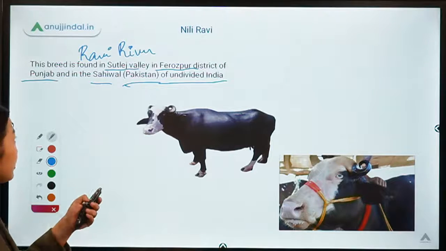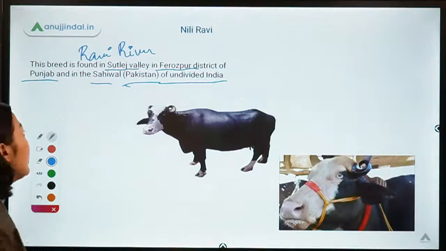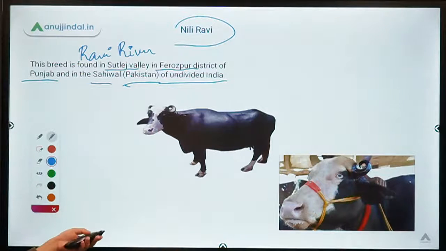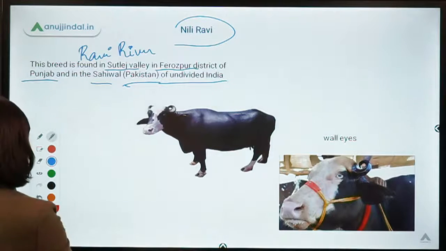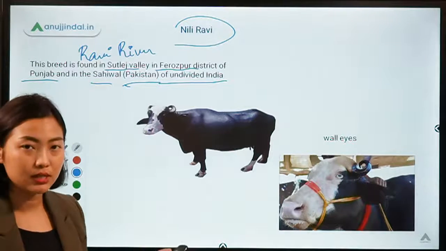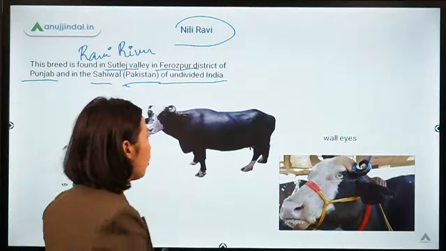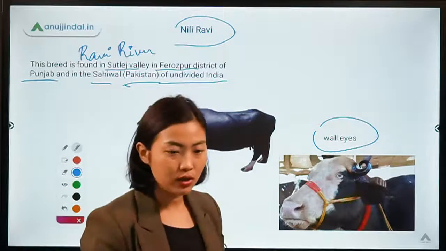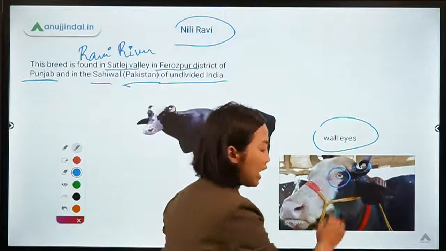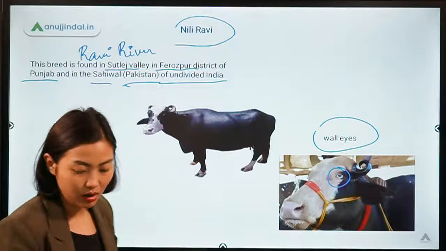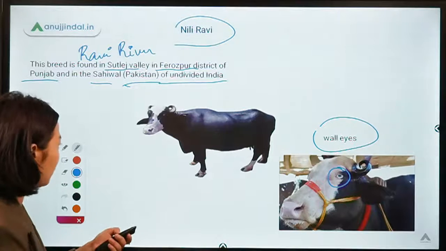It is bred along the Ravi River, and that is why it got its name Nili Ravi. A very important characteristic of this breed is that it has wall eyes. If you look at the picture below, the iris is actually white. This is what wall eyes are.